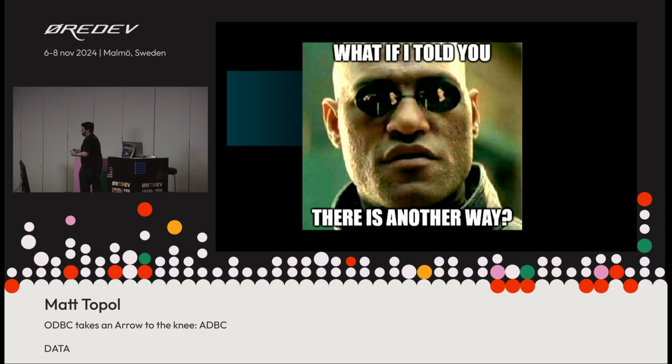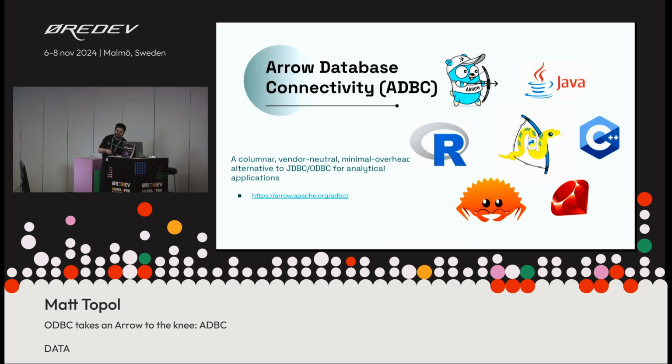And that brings us to what the actual talk is about: Arrow Database Connectivity being a better way to do things. Arrow Database Connectivity is a similar concept to ODBC and JDBC. You have a single API that applications can code against, and then you have swappable drivers that implement that API and do the connectivity to the database system.